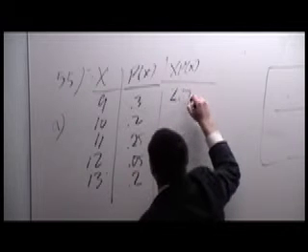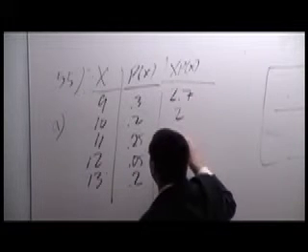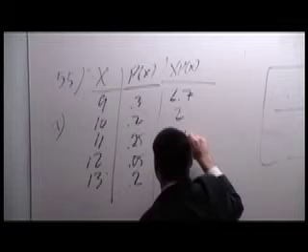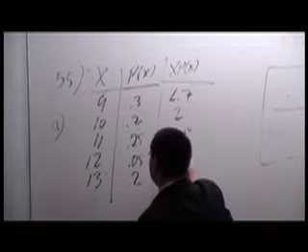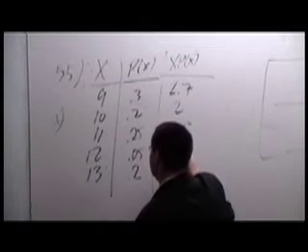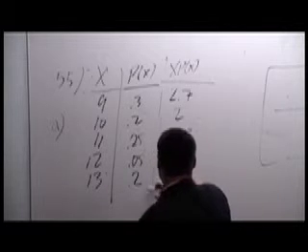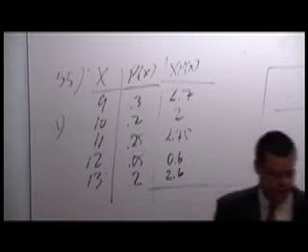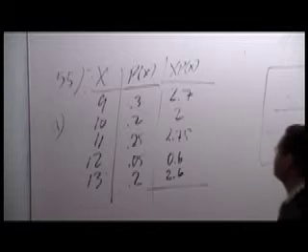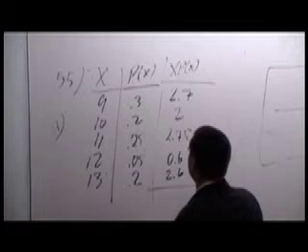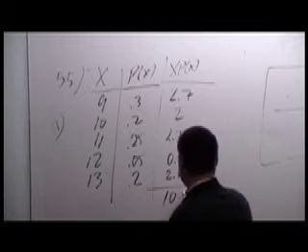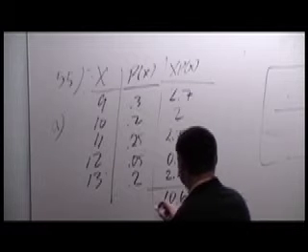So 2.7, 2, 2.75, 0.6, 2.6, and that adds up to, let's see, 10.65. So that's the mean.